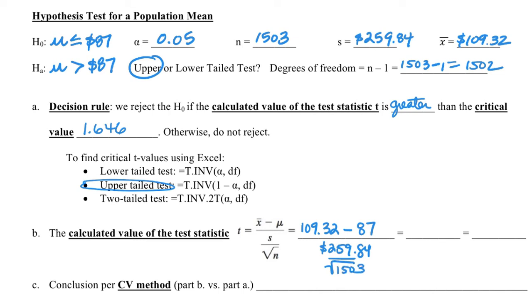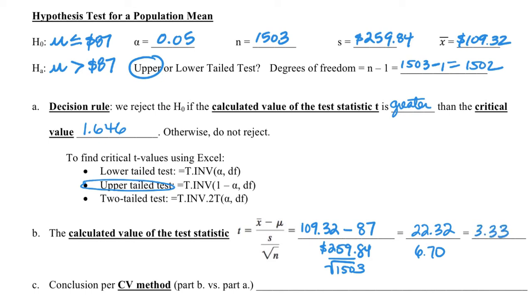So when I subtract 109.32 by $87, that'll be my sampling error of 22.32. And when I calculate my standard error by taking the sample standard deviation, dividing it by the square root of my sample size, I get 6.70. And so when I divide these two numbers up, that gives me my test statistic of 3.33.